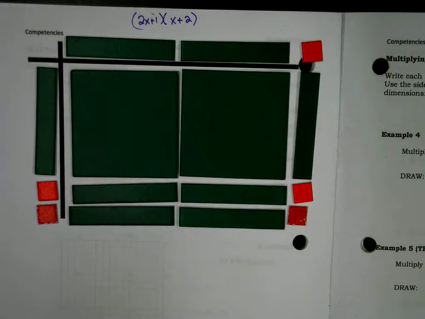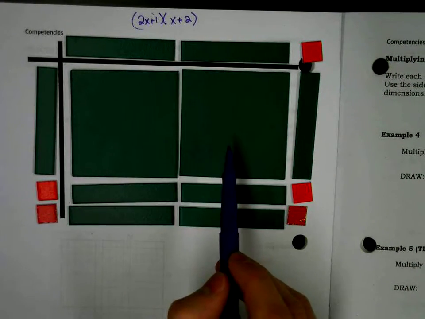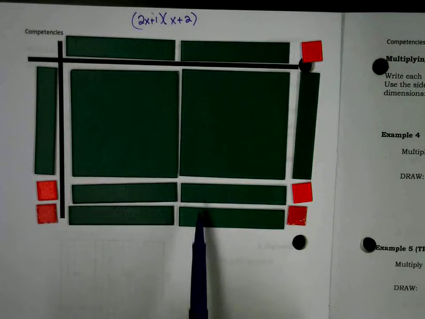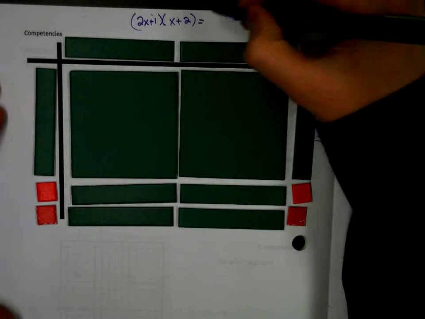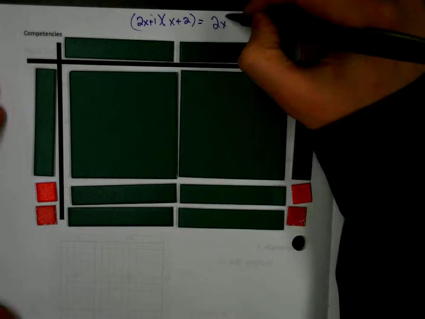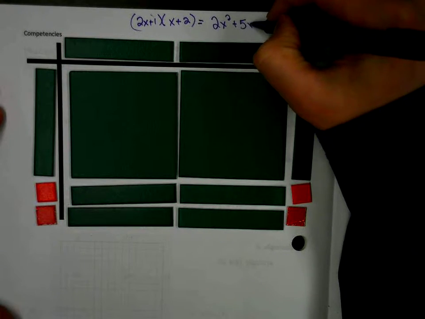So what we have is a final result, which we could say is 2x squareds and 1, 2, 3, 4, 5 x's plus 2. We would write our final simplification as 2x squared plus 5x plus 2.